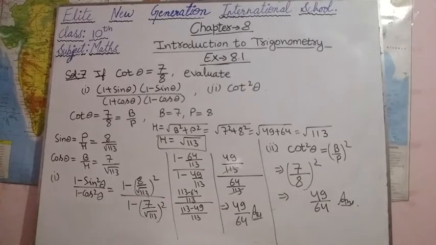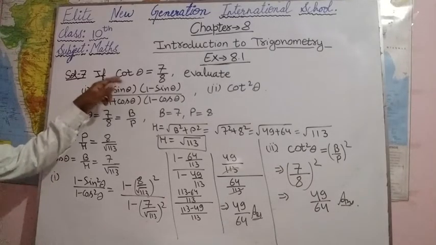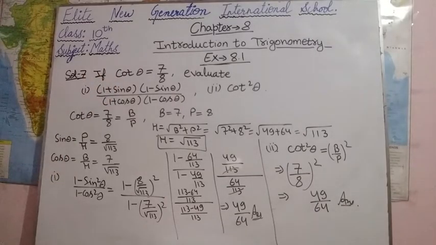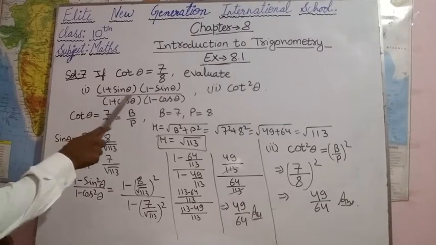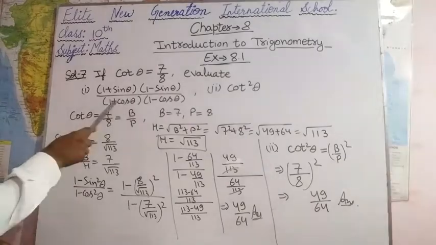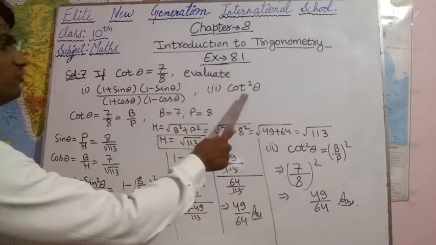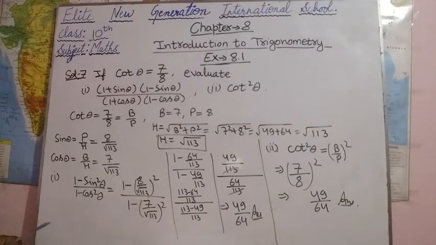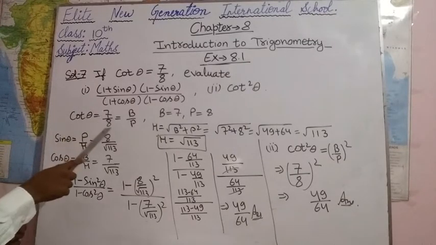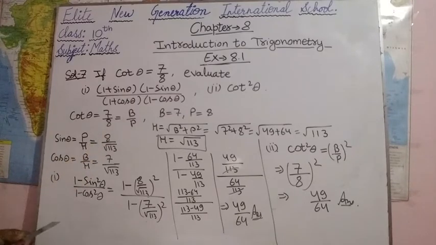In question number 7, we have given that cot theta equals 7 upon 8, and we have to calculate the value of (1 plus sin theta)(1 minus sin theta) upon (1 plus cos theta)(1 minus cos theta), and second, we have to find the value of cot square theta. First of all, cot theta equals 7 upon 8, so it will be b upon p.